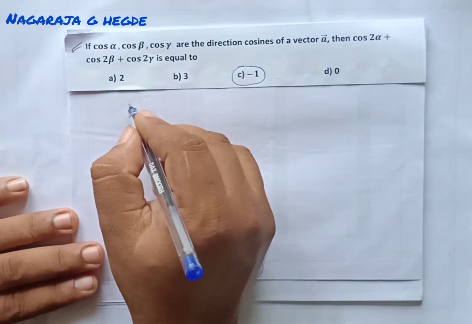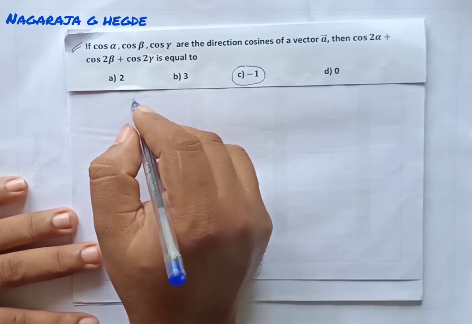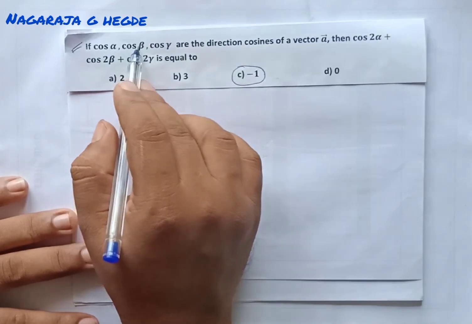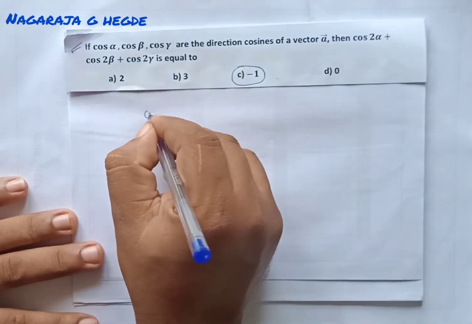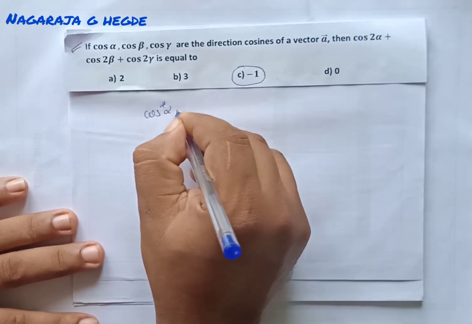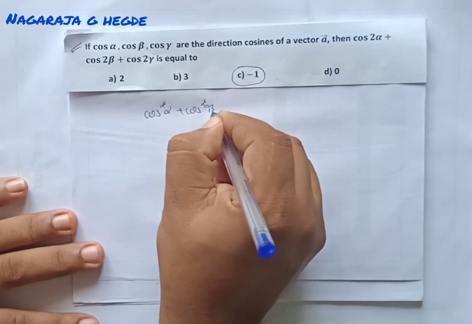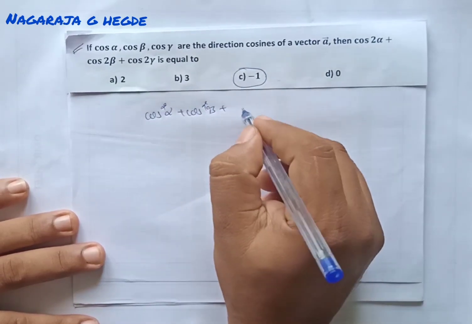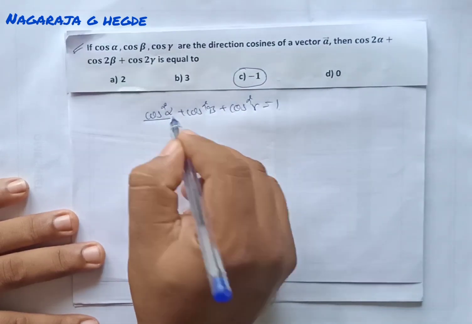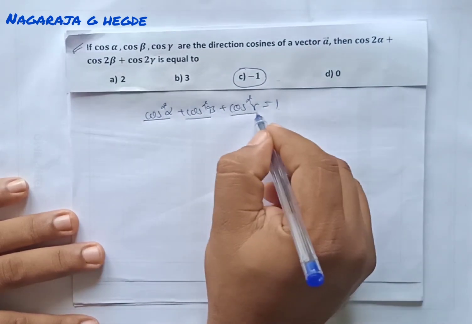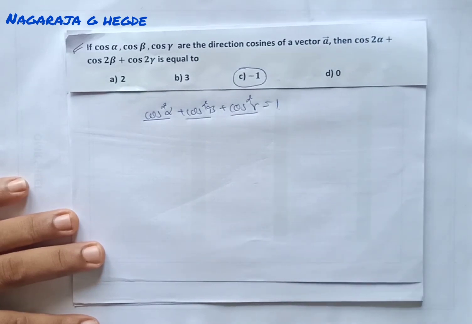How to get it? We know that alpha, beta, gamma are direction angles, and cos alpha, cos beta, cos gamma are direction cosines of a line. Then there is a relation: cos square alpha plus cos square beta plus cos square gamma equals 1. We require this in terms of 2 alpha, 2 beta, 2 gamma.